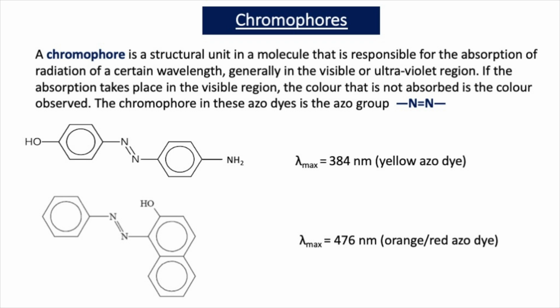Now you have to remember that the colour that you see is the colour not absorbed. So therefore you're seeing an orange-red dye because it's not absorbing orange and red, and it's absorbing light from the blue end of the spectrum. Now the reason that these have a maximum absorption at slightly different wavelengths is because the azo group is attached to different groups of atoms, and this affects the wavelength that the absorption occurs at.